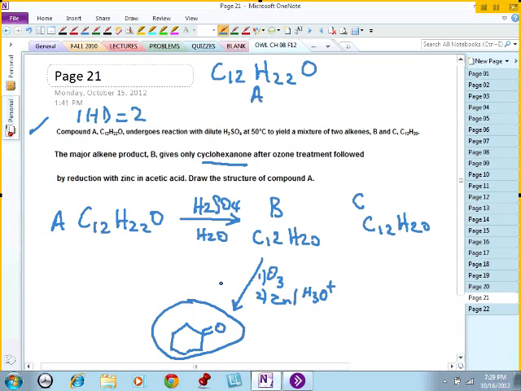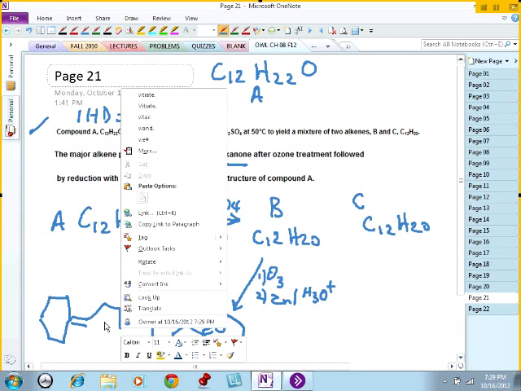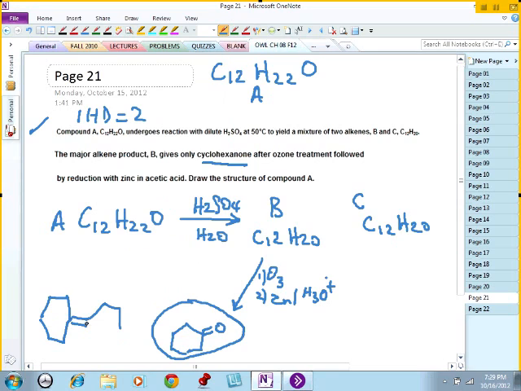So it's almost as if we're splitting that molecule into 2. So I would say compound B must be that. You see how this cyclohexanone could come from compound B by splitting this. Okay, so this is the key.